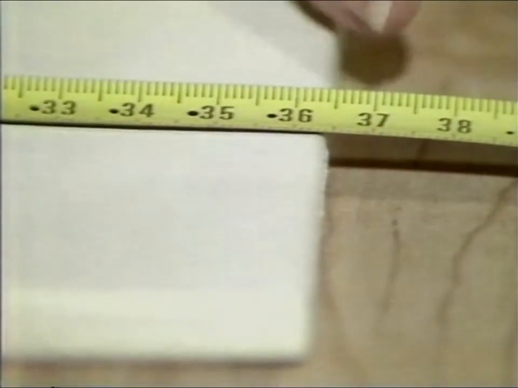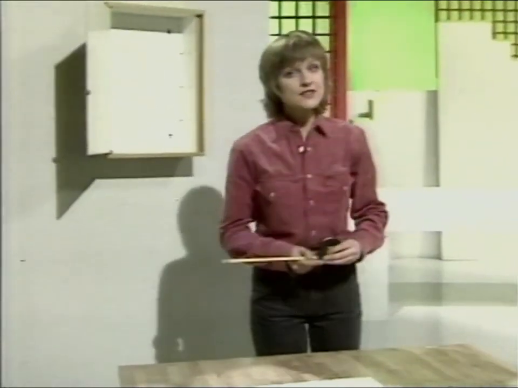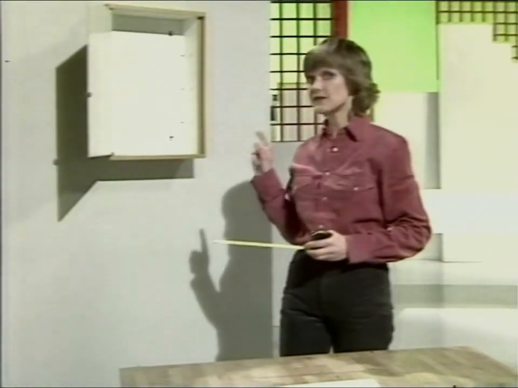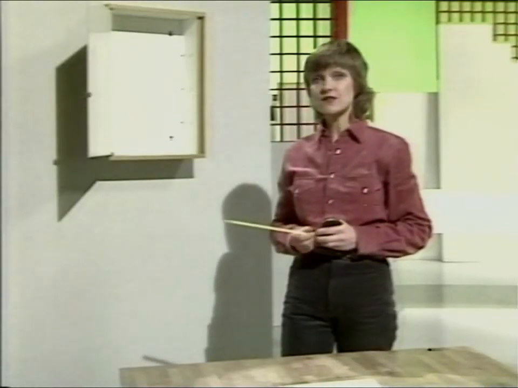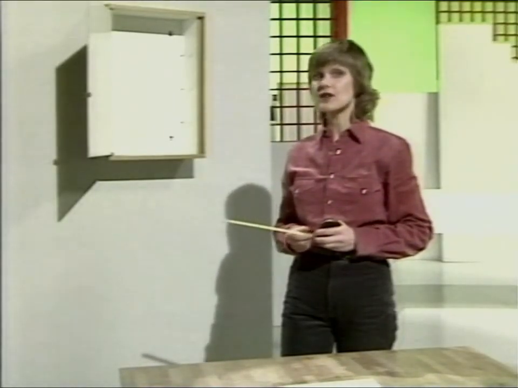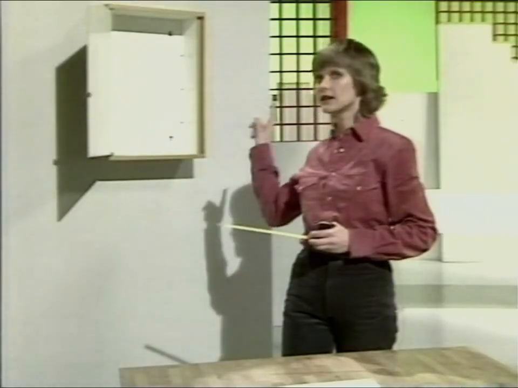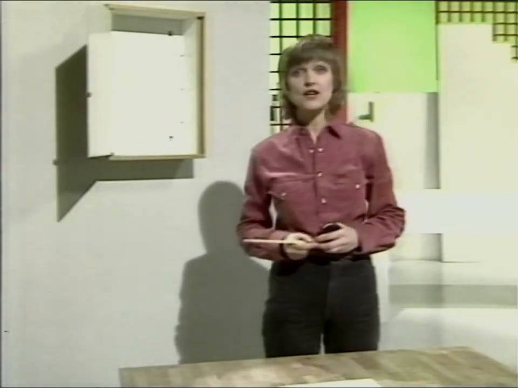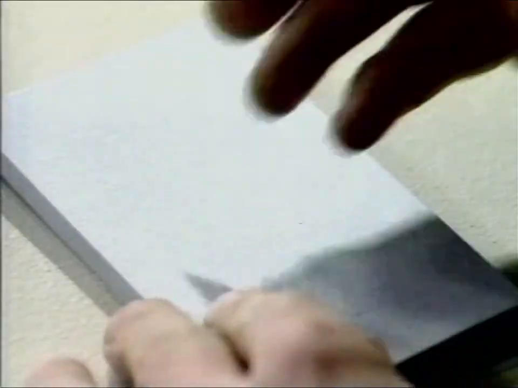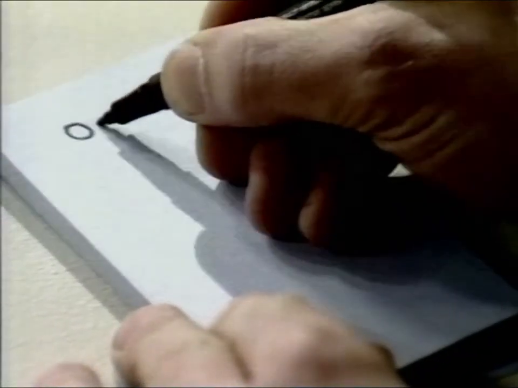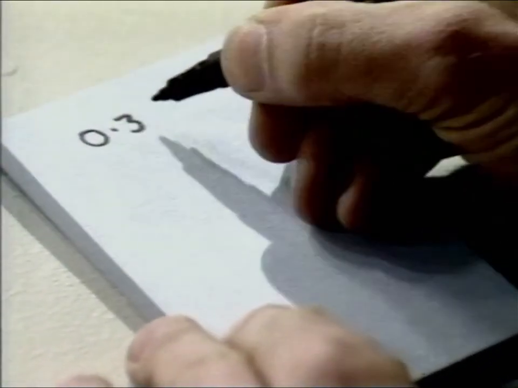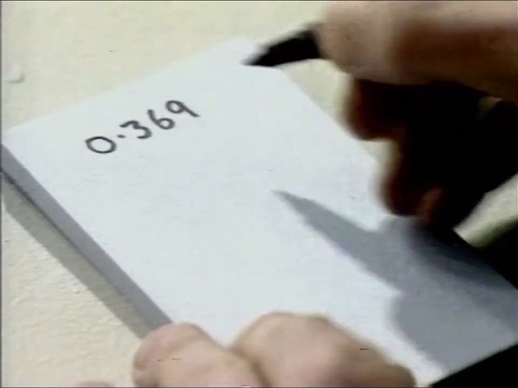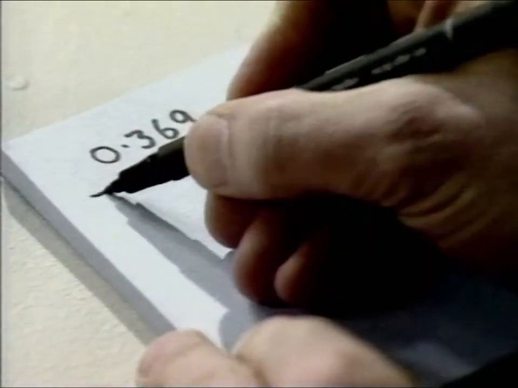0.363. So the difference between the length of the shelf and the space it has to fit into is the difference between 0.369 and 0.363. 0.369, that's the shelf space.